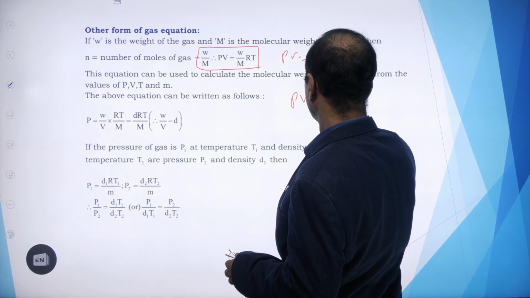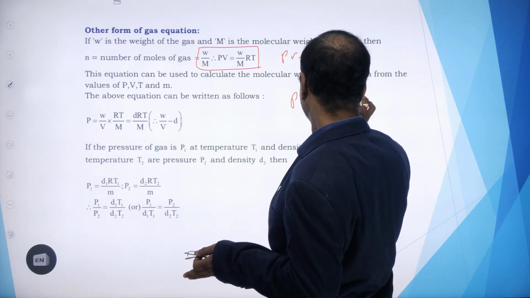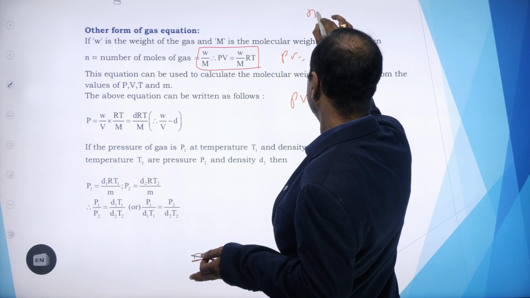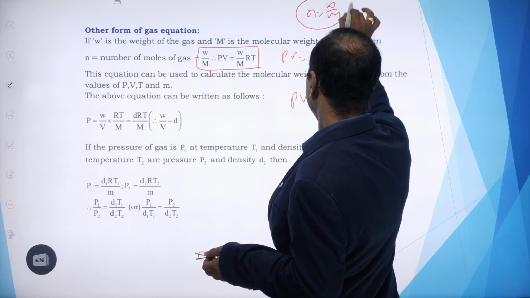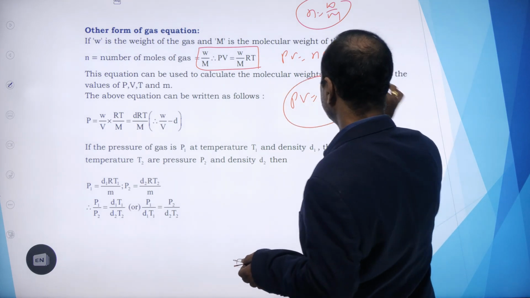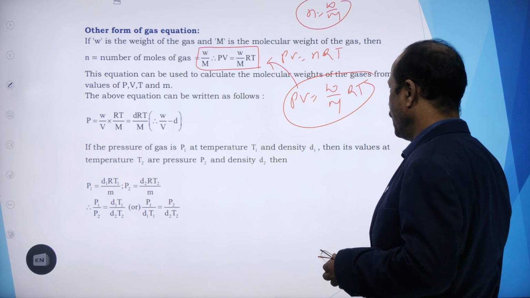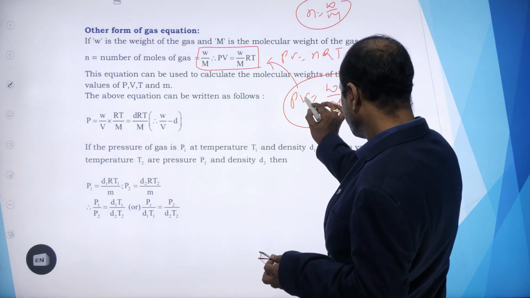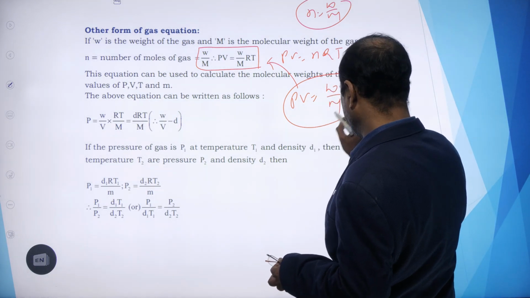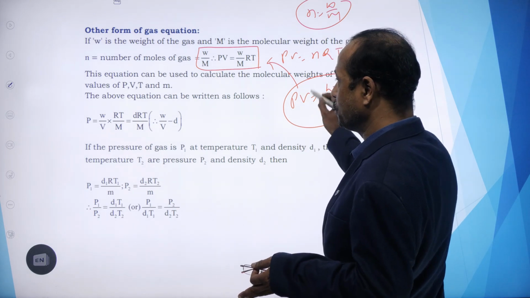But n means what? Number of moles, which is weight by molecular weight. So I am putting in place of n, weight by molecular weight, so PV is equal to (W by M) RT. Clear? Now if I bring this V here, mass by volume becomes what?